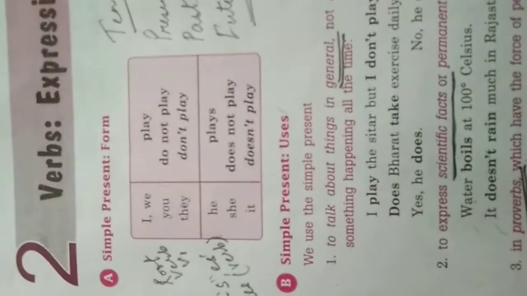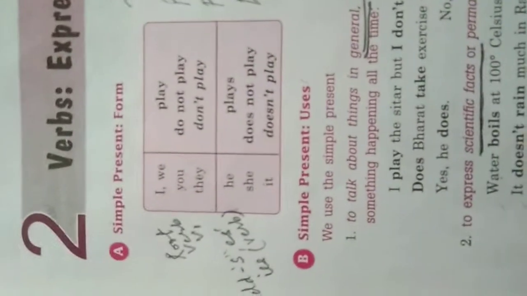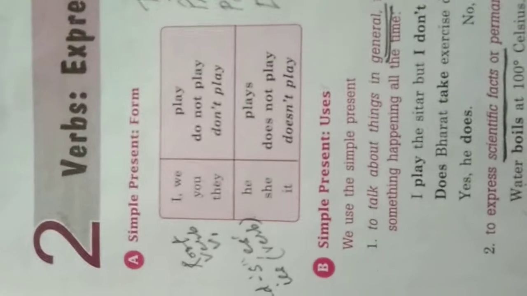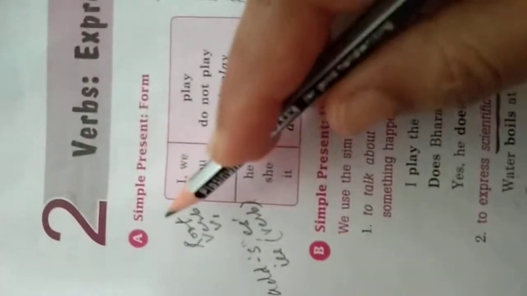Now how will you know that the sentence is in simple present tense? A sentence which doesn't have a helping verb, an auxiliary verb, is either simple present or simple past. The first thing you are going to do is underline the verb in the sentence.